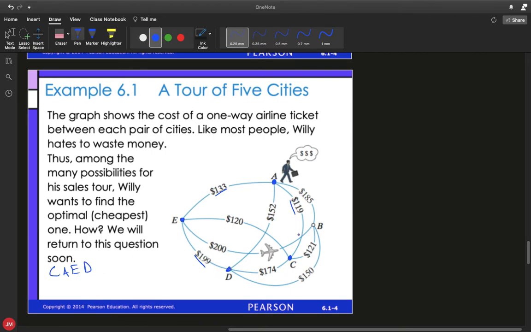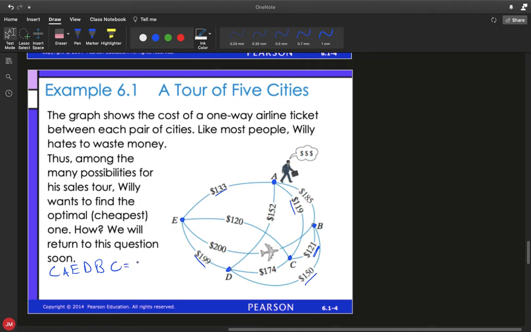From D, we have to go to B. That is 150. And then from B, we go back to C, because remember, we started at C, which is 121.